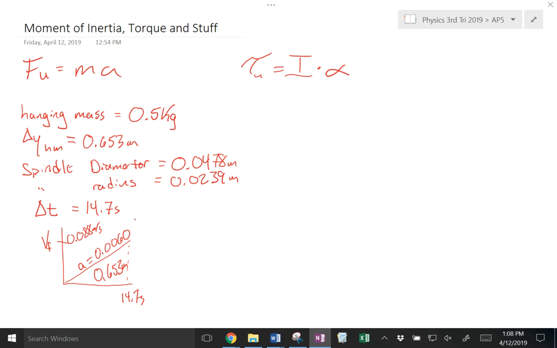What is it, tension? And they had tension, torque. Then the torque is... So this is our tension.